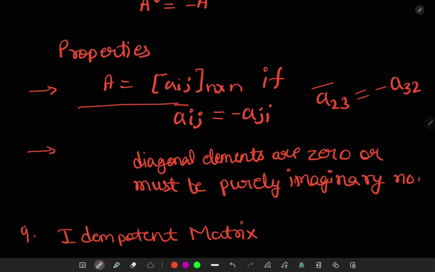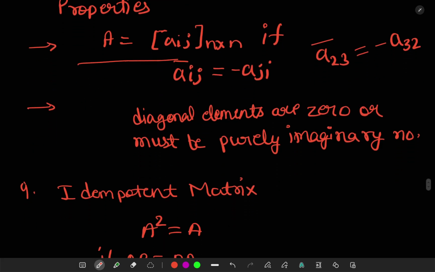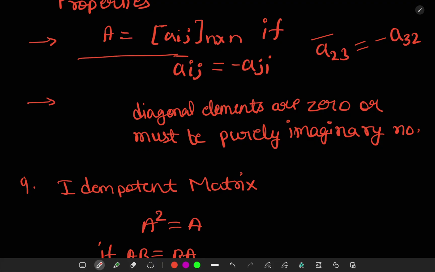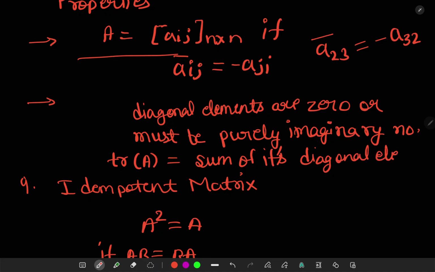The most important property of a skew Hermitian matrix is that all diagonal elements are zero or must be purely imaginary numbers, and the sum of the diagonal elements is zero. That means the trace of a skew Hermitian matrix is zero. Here the trace of any matrix is equal to the sum of its diagonal elements.